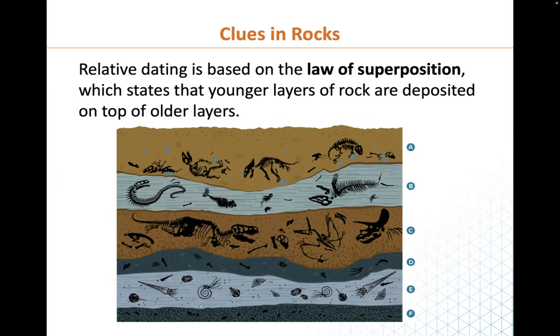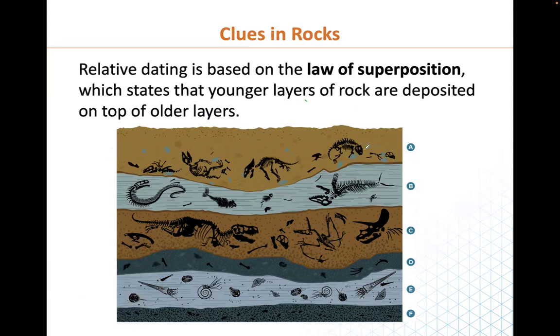This is an example of how fossils are formed. Let's say these are fossils formed in this layer. This is another layer. So we've got layers A, B, C, D, E, and F. Relative dating is based on the law of superposition. What does superposition mean? It says that the younger layers of rocks are deposited on top of the older layers.